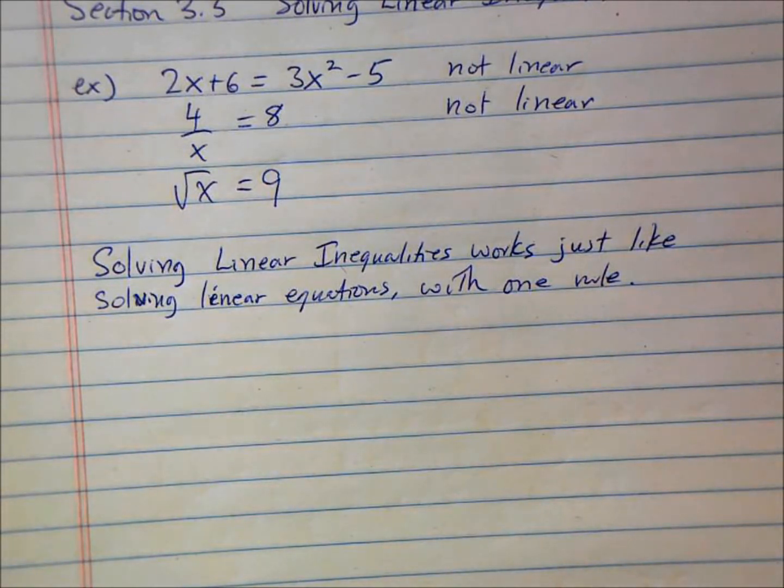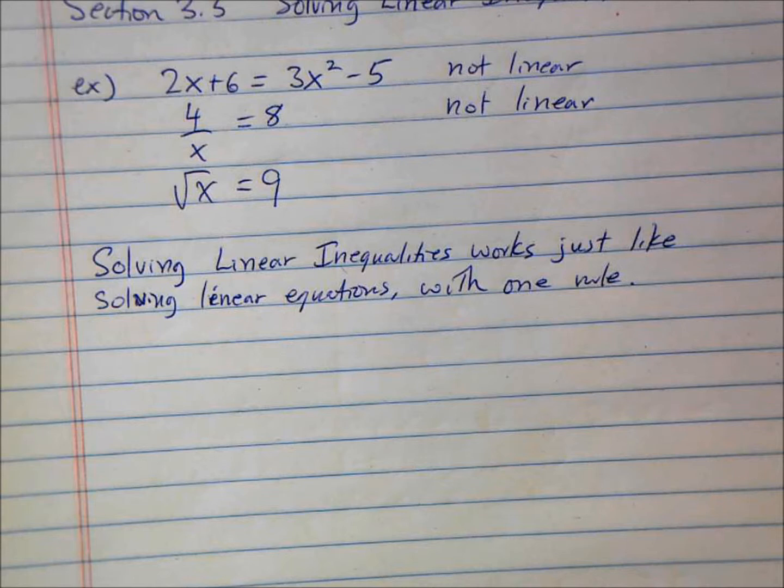And what I mean is, you can add numbers to both sides. You can subtract things from both sides. You can multiply on both sides. You can divide both sides, just like you can with linear equations. What's the one different rule? Anybody remember? The one different rule?